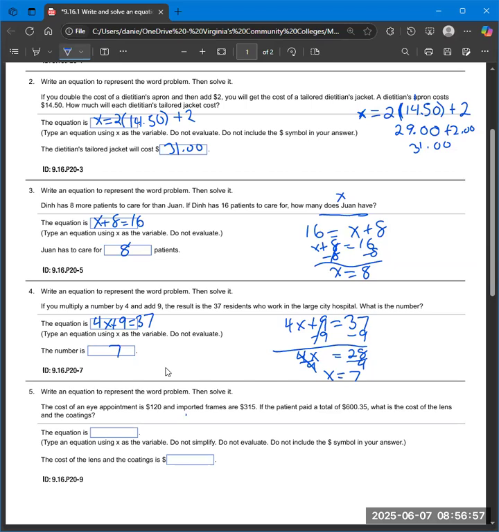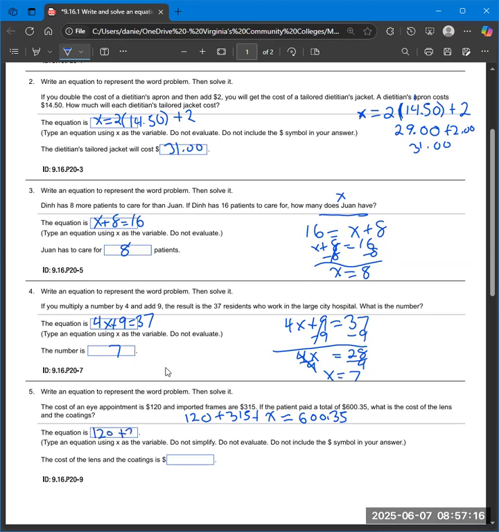So we have the appointment cost plus the cost of the frames plus the unknown cost of the lens and the coatings is going to be equal to the total cost of $600.35. So that's my equation.